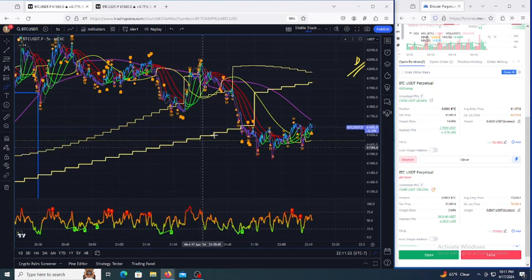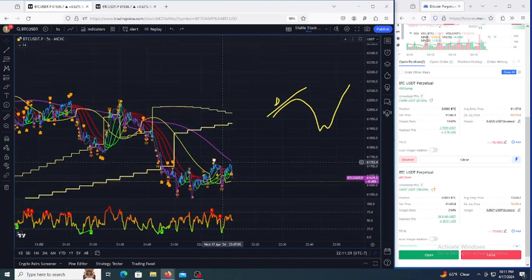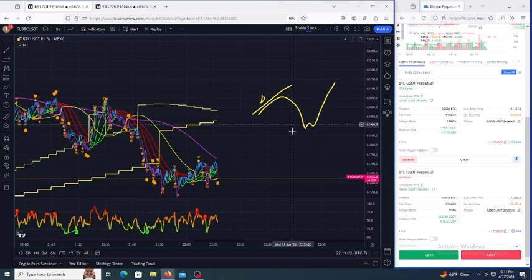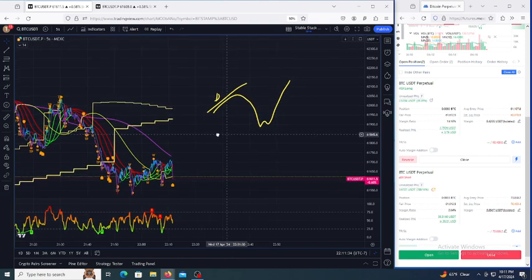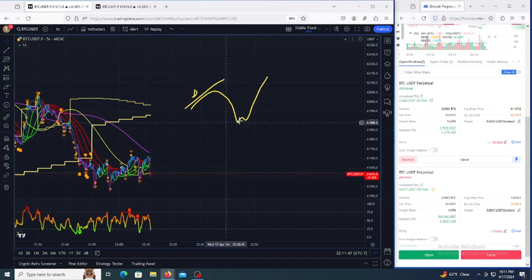So let's just look at the chart, and I'll start on the higher time frames and show you the patterns, and you can see how they line up with the tops and bottoms. When you see this pattern on the W's or the M's, your entry point is right here on the second bump.